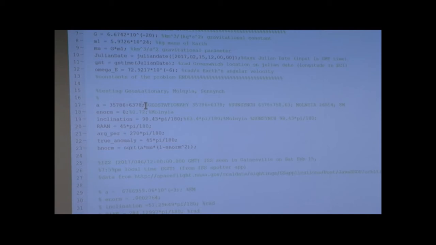I don't even know what the location is right now. I just selected the right inclination. Inclination is 0 as well, sorry. 0 inclination, 0 eccentricity, same major axis is the right one. So if I run these, now I can look at the other plots that I ignored before.